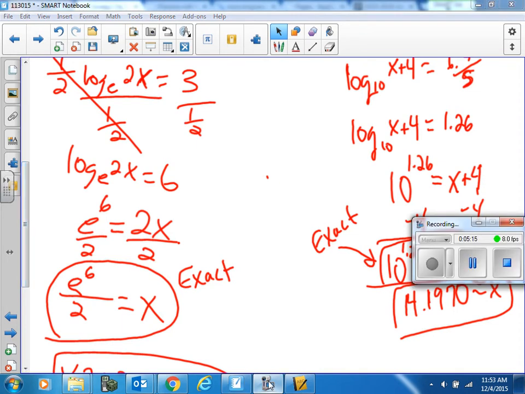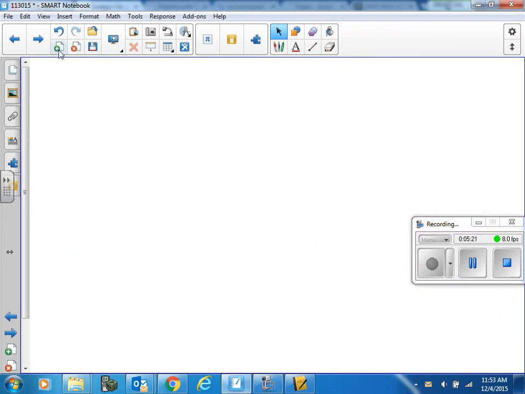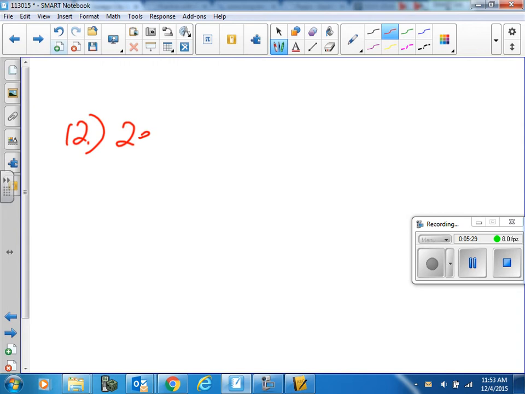All right, so look at number 12 on your worksheet. Number 12 on your worksheet looks like this. Now we haven't done one like this. Did you guys do something like this last year? Either one of you? Maybe.